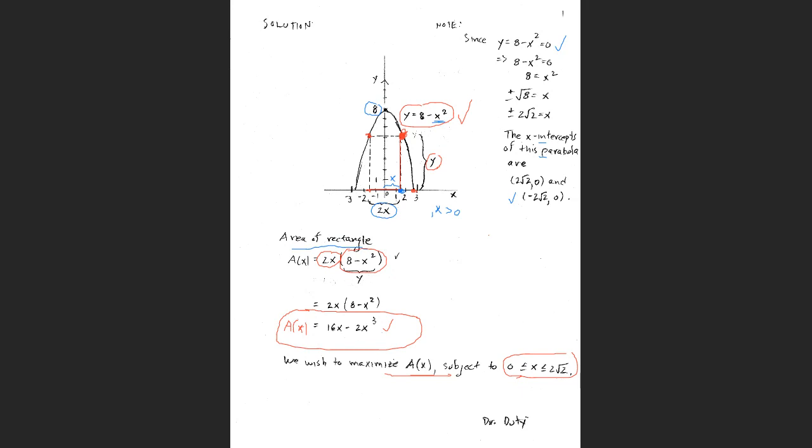That's right, because if we want to maximize a function, we have to find its derivative. Are there any other questions before we move forward here? Very good. Let's move forward.